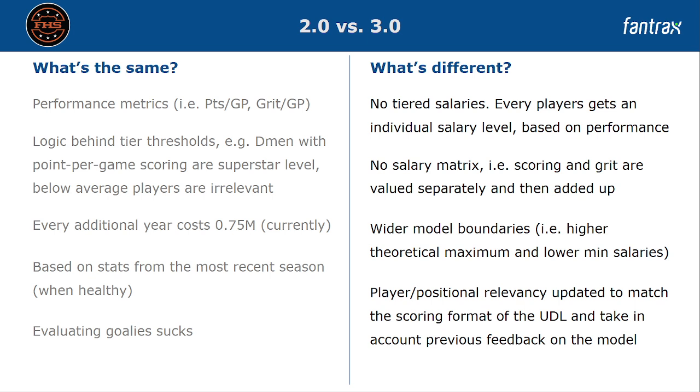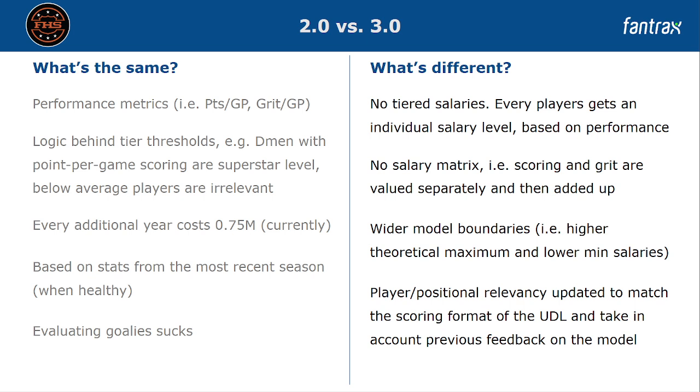The new model has wider parameters, so basically the maximum salary is a bit higher and the minimum is also a bit lower. So there is a bigger scope between the least valuable and the most valuable restricted free agents.